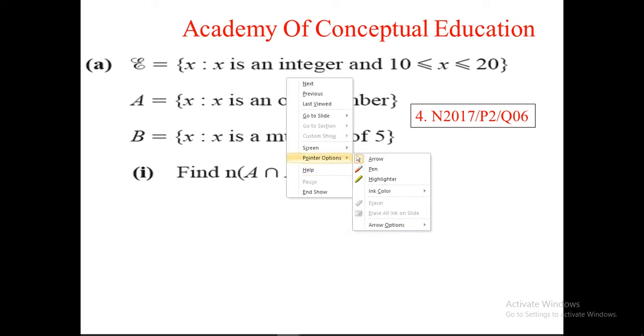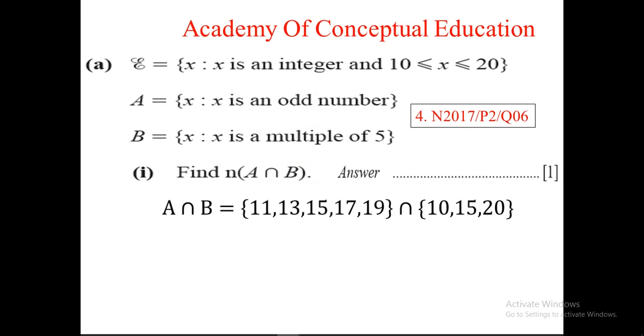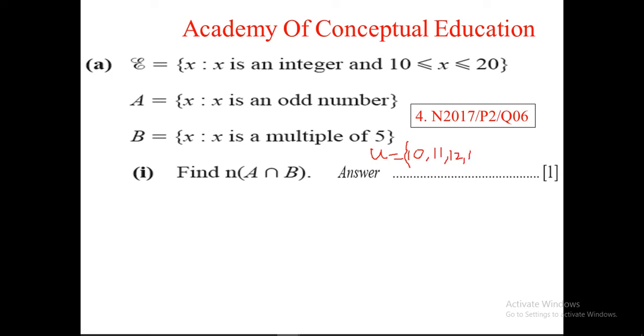So let me write the set U. Set U contains the numbers from 10 to 20, like U is equal to 10, 11, 12, 13 up to 20.